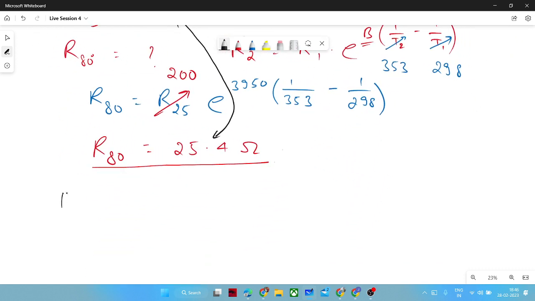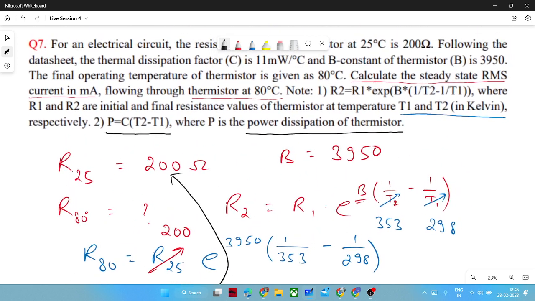So now again, you might think that it is in centigrade or kelvins. In temperature difference, we can take anything, either degree centigrade or degree Kelvin. However, the C is given in terms of watt per degree centigrade, right? So it is watt per degree centigrade.